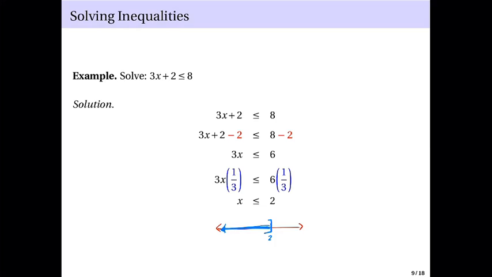Now, if you look at this step here, it's the addition property of inequality. It's also equivalent to the following step. So in here, you have 3x less than or equal to 8 minus 2.